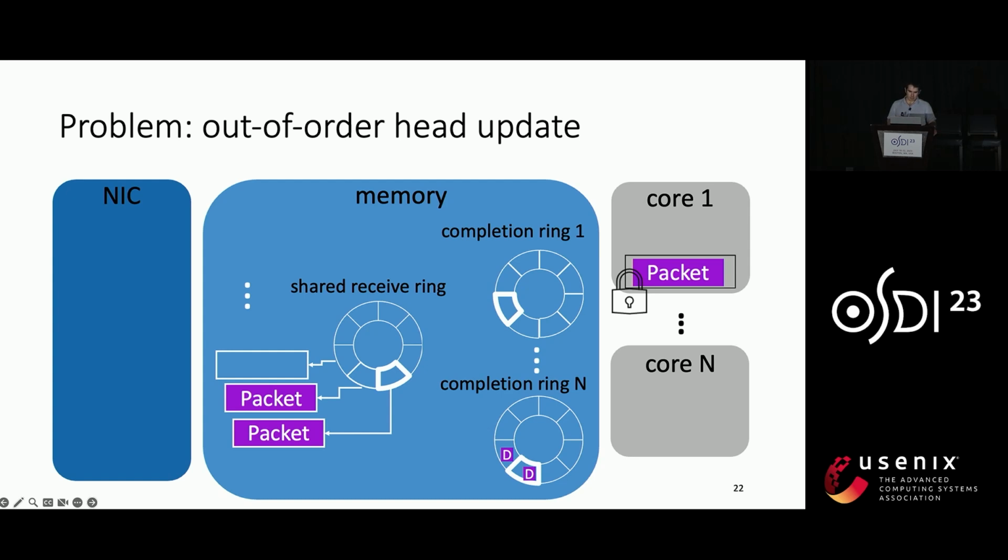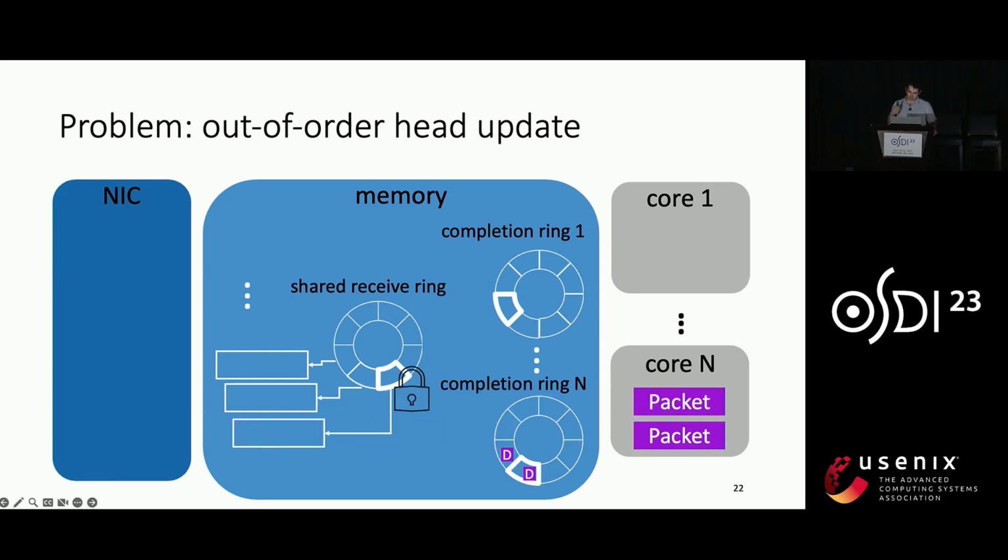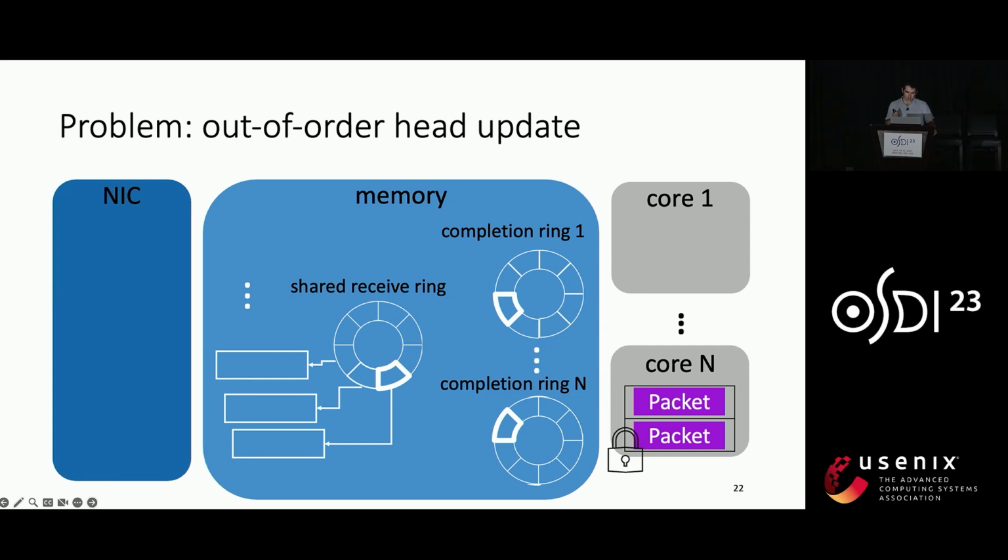Hence, core 1 must leave the head as is, and later core n will examine the completion ring and make progress. But since core n is unaware of the packet processed by core 1, its update to the ring head will be 1 entry short, and the resulting head position will become stale.